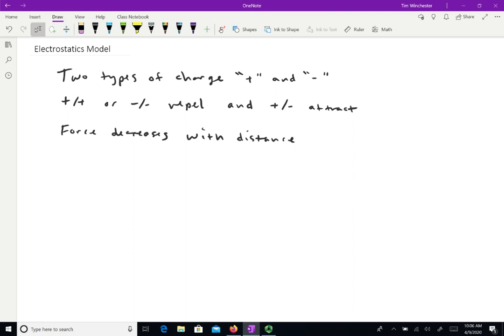You can also find that there are sort of two different classes of materials. So for some materials, the charges on those materials will move around freely.